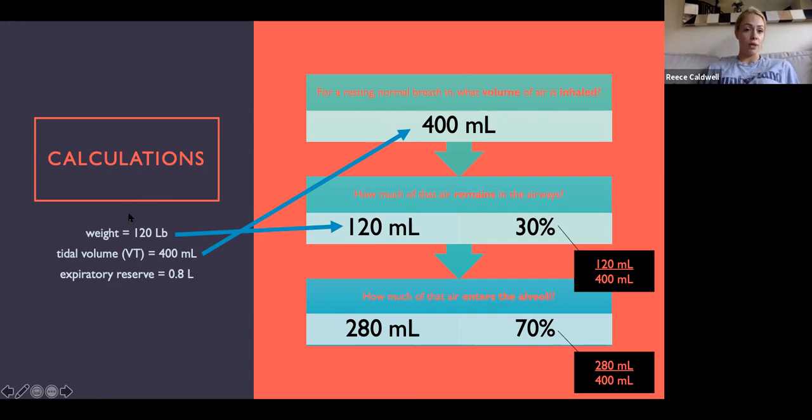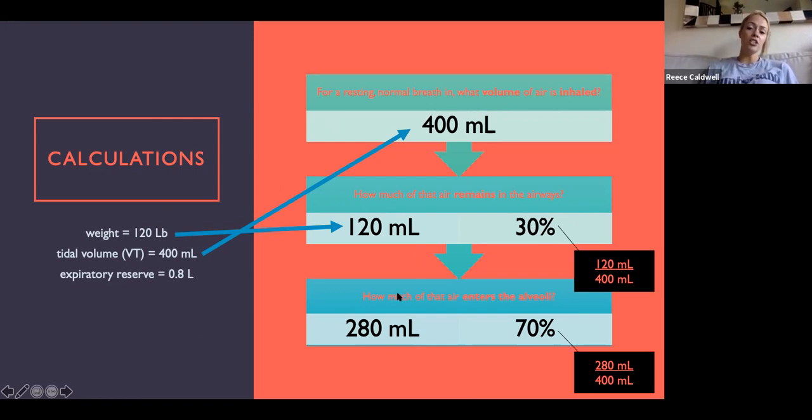So that's why it's important to understand that conversion of body weight to dead space, because there we see we are given the weight, and therefore we can calculate the dead space volume. So this person is 120 pounds, meaning they have 120 milliliters of dead space air, or air that's remaining in their airways. You can simply divide this by the total amount of air that we are inhaling to get 30%.